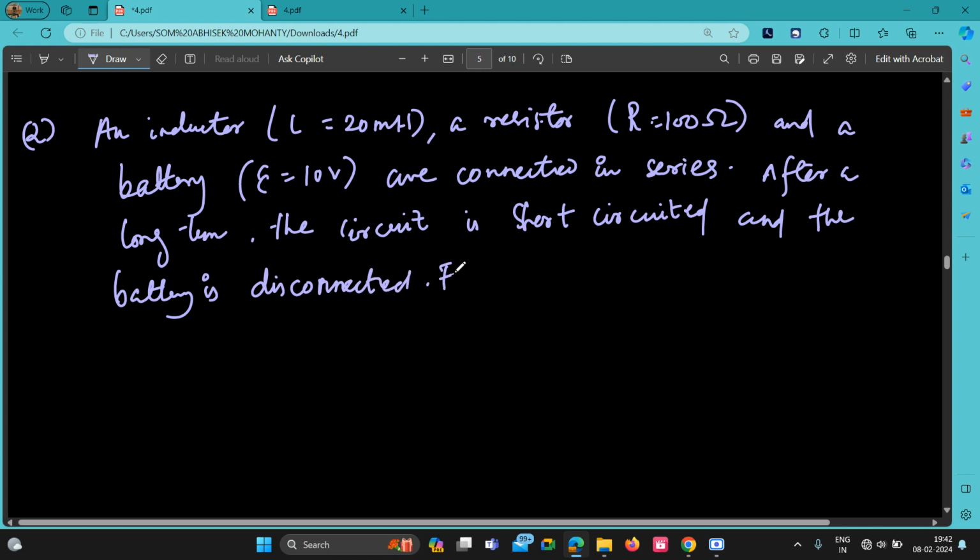Find the current in the circuit 1 millisecond after short circuiting.